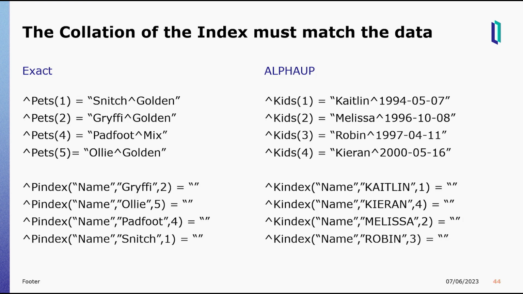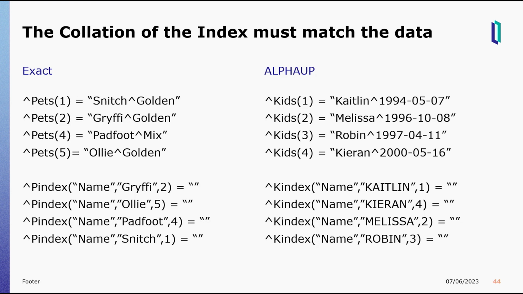But on my kids' side, the name of my kids are up in the data up there, but when they're in the subscript down in my index, in my name index for my kids, they're all in uppercase. The collation of my data for my kids' names in the index does not match the collation of the name in the D global.